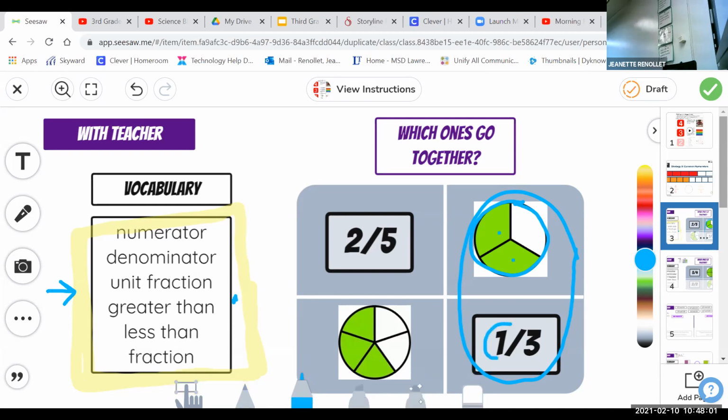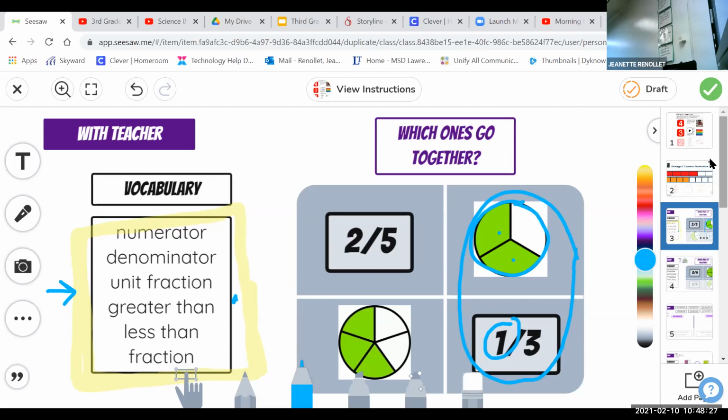This only shows one. So why could these go together? Get your brain going, Kaylee. Two highlighted doesn't mean it's wrong. Why do these two go together? It was already highlighted. It was all of them was green, so the denominator? They crossed off one green.